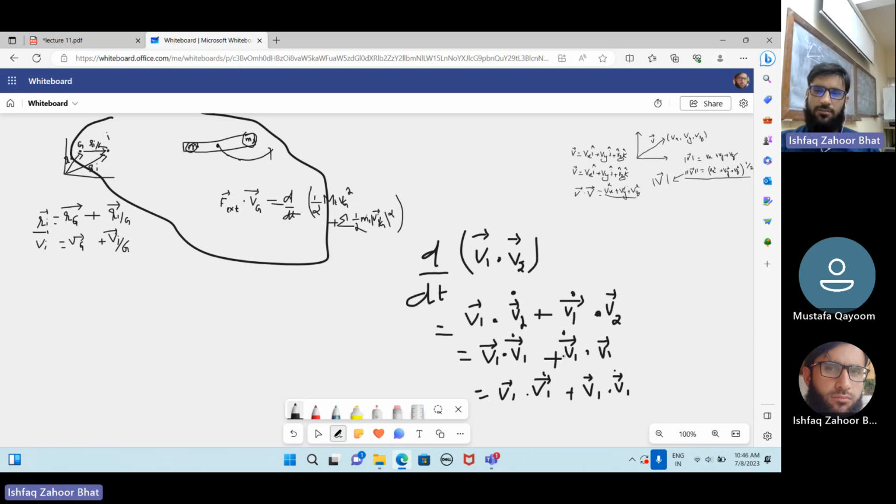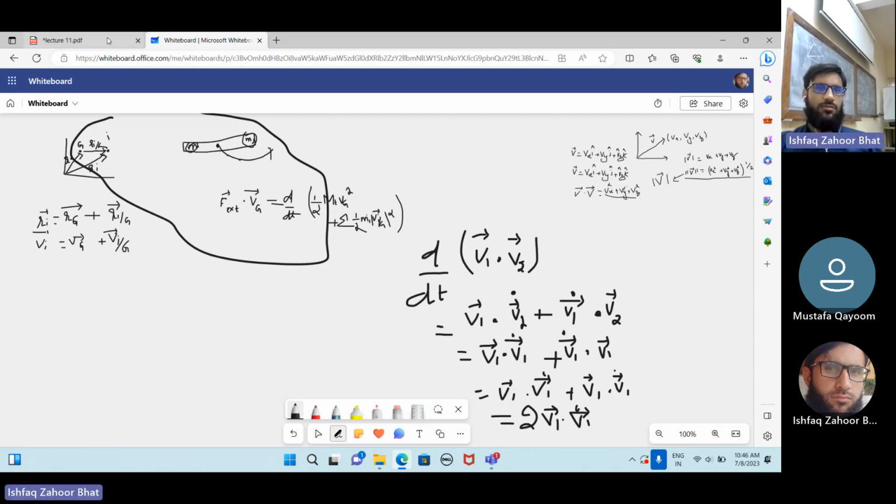I have flipped this because it is commutative, and this is nothing but 2 times v1 dot v1 dot. So the derivative of a vector dotted with itself is nothing but 2 times the vector and the derivative of that vector.